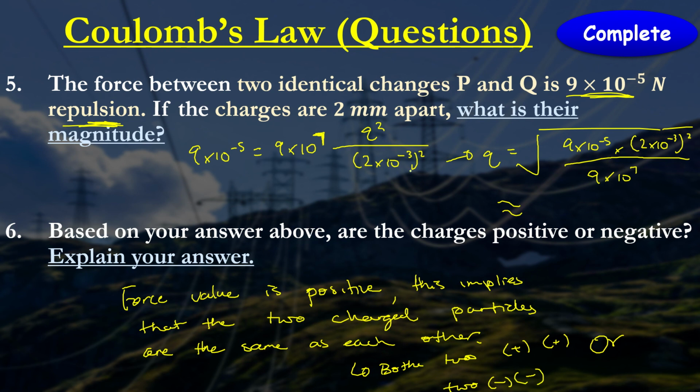If it's the same charge, they're going to repel, and both cases are likely. Okay, so the value we have here is 2 times 10 to the power minus 5 coulombs.